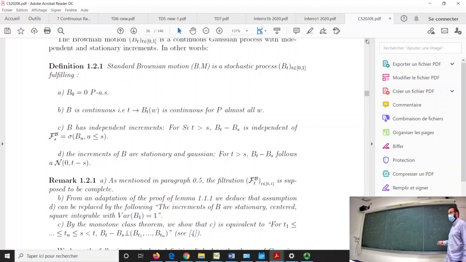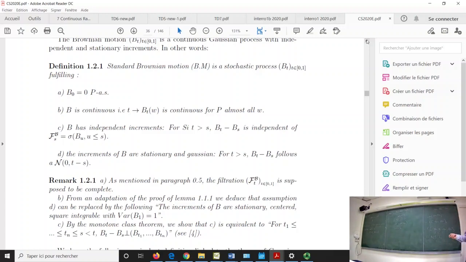And if you remember the little part concerning Gaussian processes we have seen together in chapter 0, I said to you that if I want to be a variance-covariance function, I need to check some properties: that I am symmetric and positive. I have proved that in this particular example, this one is positive.